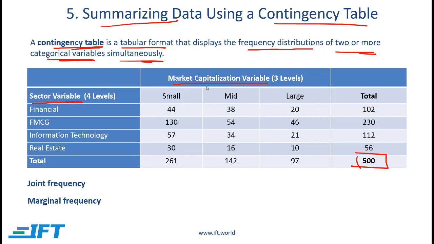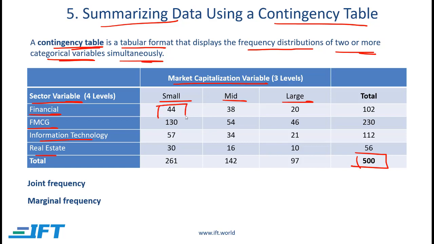Under market capitalization, we take three possible categories. So under market capitalization, we can either have small cap, mid cap, or large cap. And under sector, we can have the financial sector, fast moving consumer goods or FMCG, information technology, and real estate. So notice here we have two different variables, and then we will look at the distribution based on these two variables.